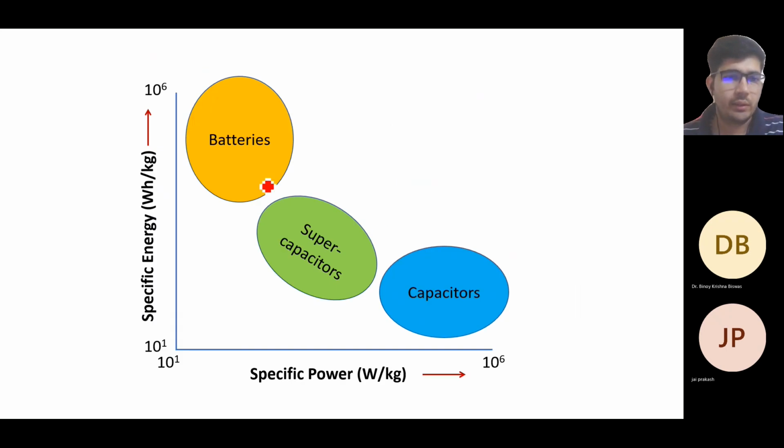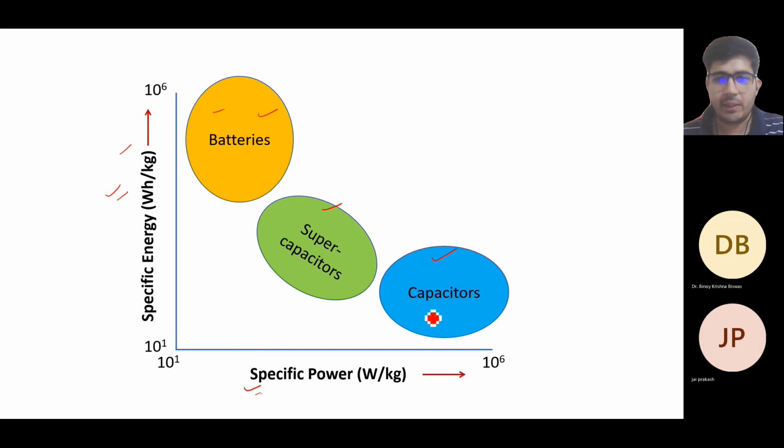So this is a diagram which is showing the specific power in watt per kg against specific energy in watt hour per kg. So you can see the batteries, supercapacitor and capacitor. Batteries are having high specific energy, so watt hour per kg is very high, but they are having less specific power in watt per kg.